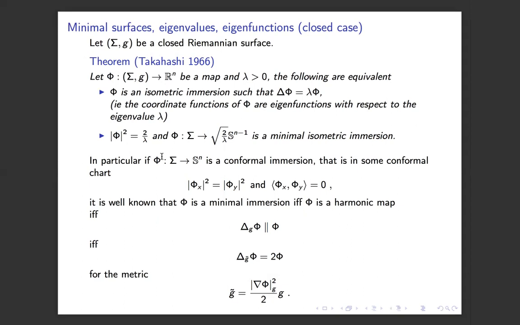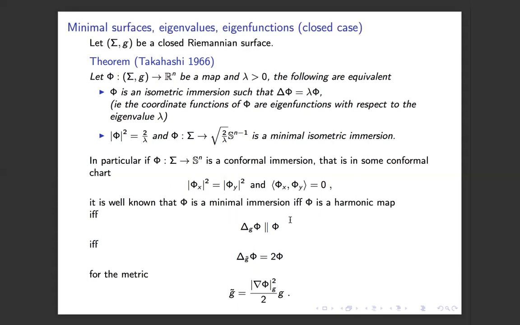If you take a conformal immersion, that is, for instance, in some conformal chart that phi_x squared is equal to phi_y squared and phi_x and phi_y are orthogonal, it is well known that phi is a minimal immersion if and only if it is a harmonic map, because we assume that phi is conformal.